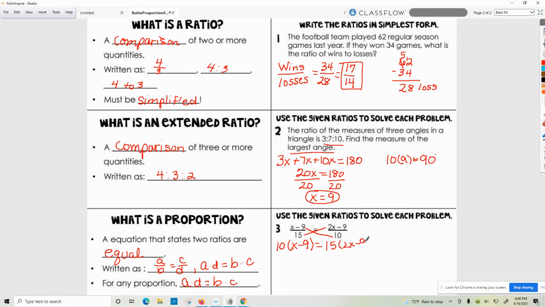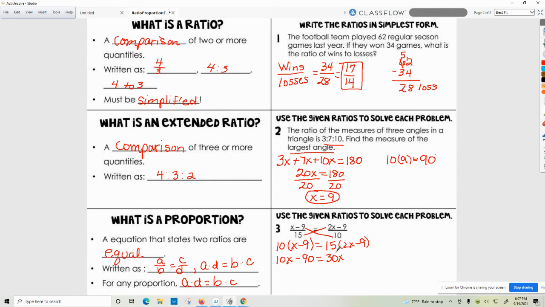2x minus 9. So now when I do all my multiplying, I'm back to doing a little distributing property. So 10 times x is 10x. 10 times a negative 9 is a negative 90. That is equal to 15 times 2x is 30x.